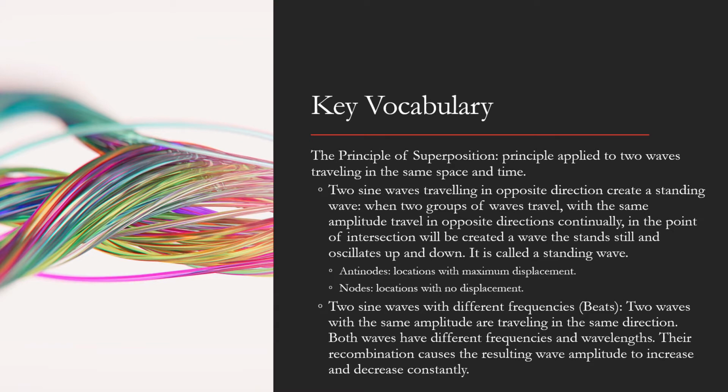It is called a standing wave. Let's suppose that we have two groups of waves, and they are apart from each other by a distance of 10 centimeters, and something is causing those waves to continue forming.